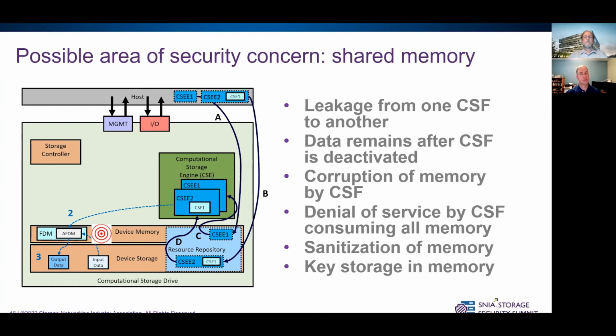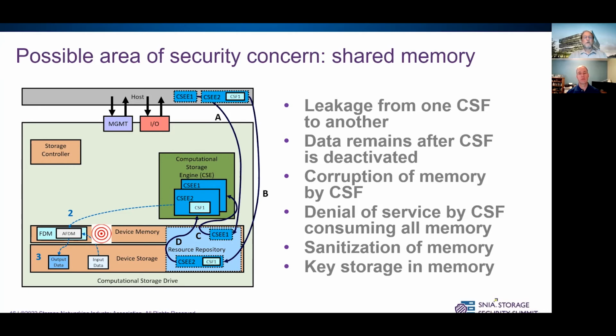But some other things to consider is what happens to that physical memory when you deallocate it. And now you come along and you allocate function data memory again, and it happens to be allocated to that same physical memory. You now have the potential of access to that memory after the CSF is no longer active and no longer utilizing it.